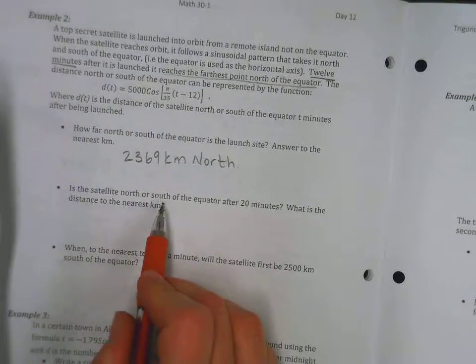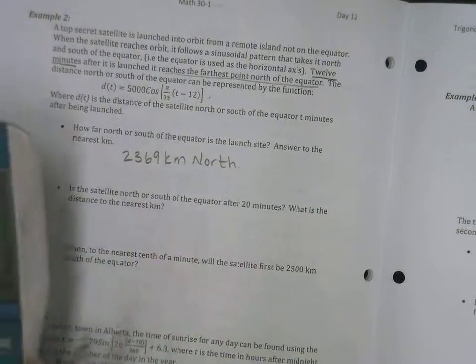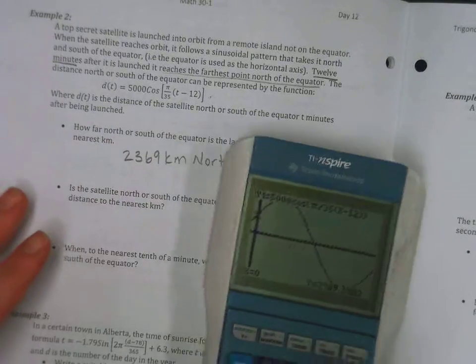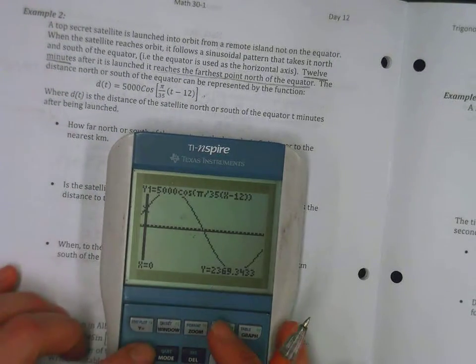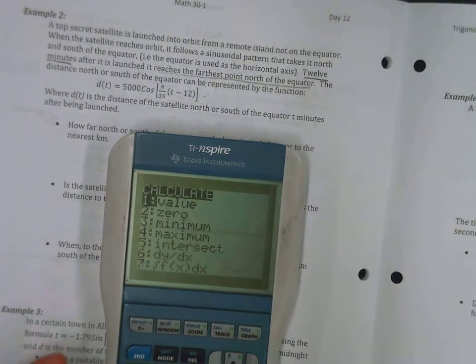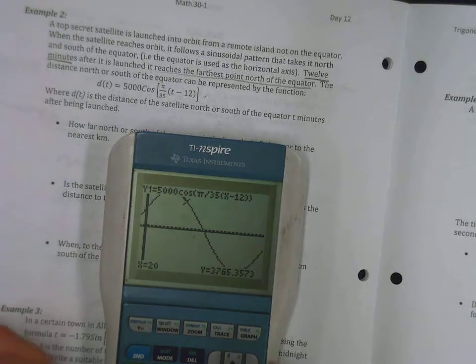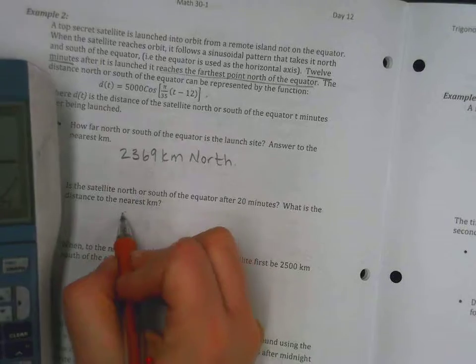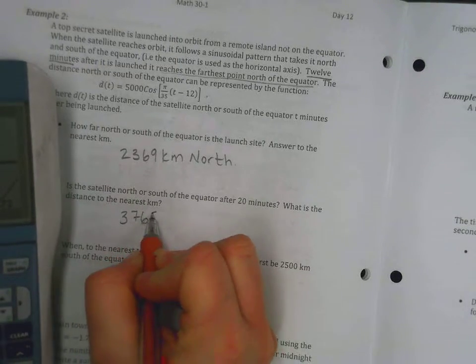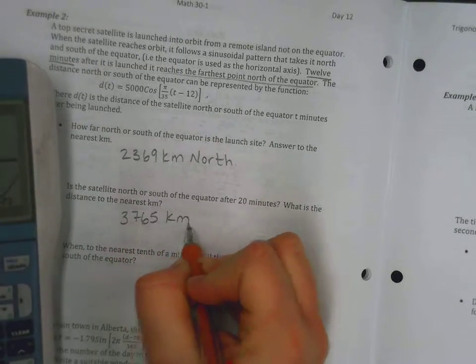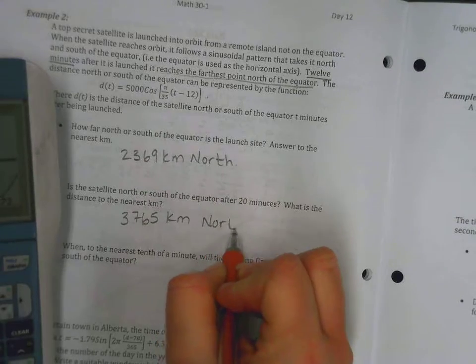Is the satellite north or south of the equator after 20 minutes? What is the distance to the nearest kilometer? So I'm going to go second trace. Again, for value, I'm going to type in 20 minutes, and I get 3,765 kilometers. And at this point, it's still north of the equator.